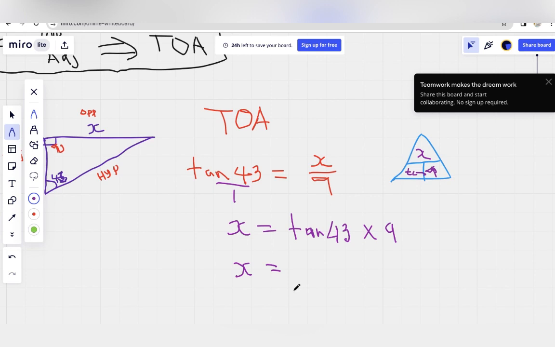Tan 43. Can someone press tan 43? Teacher, minus 13.48.